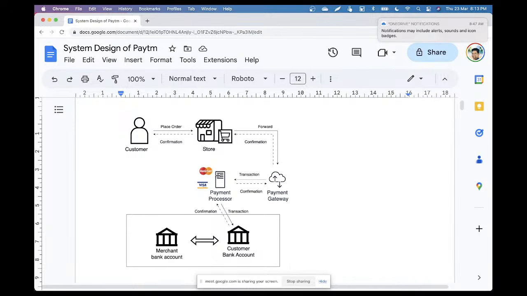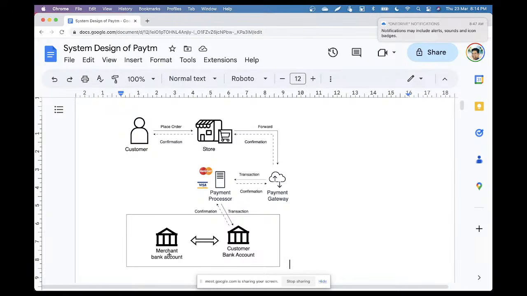Payment processors are, for example, MasterCard, Visa, UPI, various bank accounts, and wallets. These are different payment processors. A payment gateway will forward the request to payment processors, and payment processors take care of communicating the information and making the bank money transaction happen.